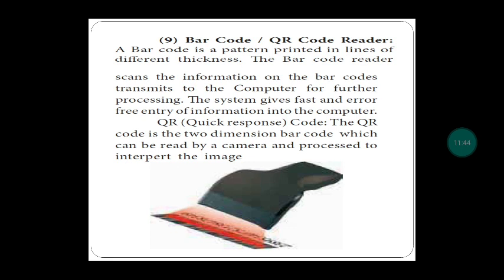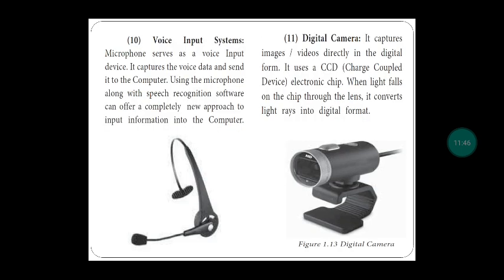Next input device is the voice input system, that is the microphone. The mic we are using, that is also an input device, because when we speak, it will produce an analog signal. So that is a voice input system, the microphone, which we are using. Next is the digital camera.